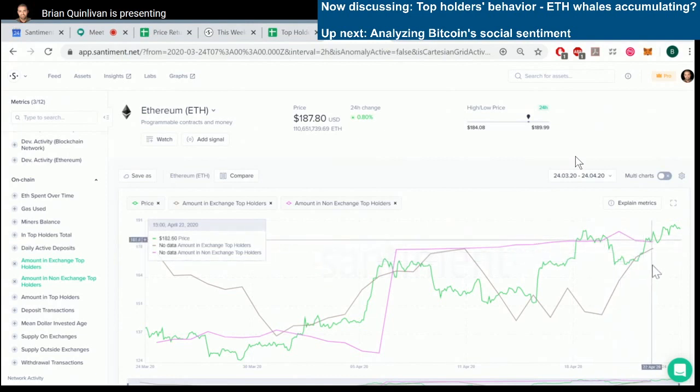So we can see that from the 19th to 22nd, in just that 2 or 3 day span, there's been quite an influx of Ethereum to the biggest exchange wallets. And then at the same time, we saw a small offloading by Ethereum's biggest non-exchange holders, all of which points to maybe some increased sell pressure for Ethereum specifically before this Bitcoin rally.